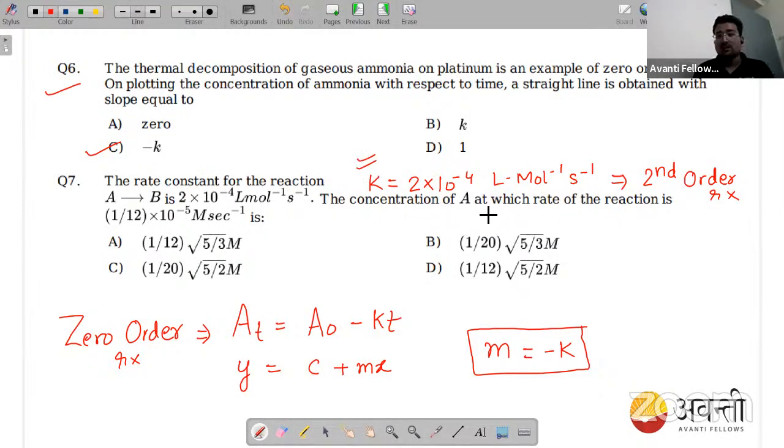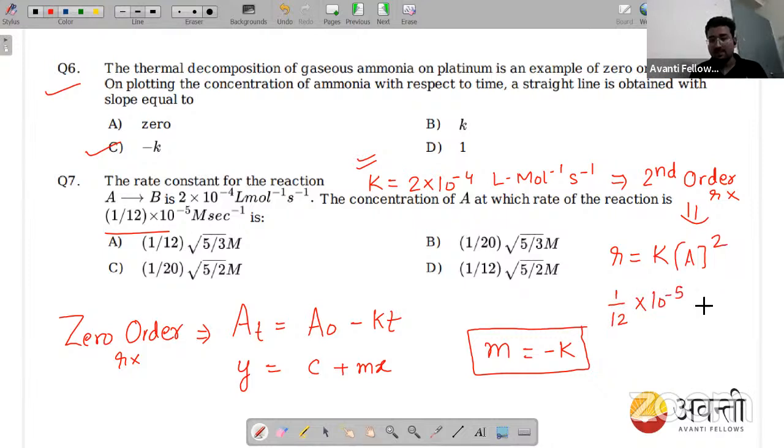Now the concentration of A at which the rate of reaction is this much. So we have to calculate the concentration at which the rate becomes this much. For a second order reaction, we all know that rate equals K times concentration of A to the power 2. Now put the value of the rate: 1 by 12 into 10 to the power minus 5, and K is 2 into 10 to the power minus 4, into A square.